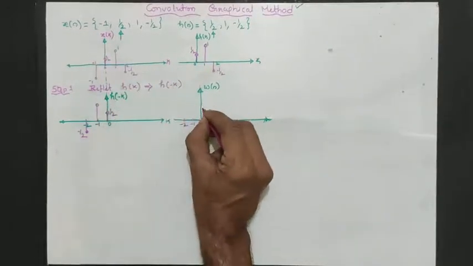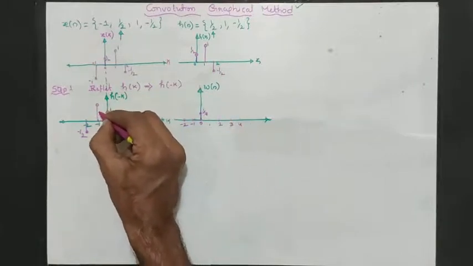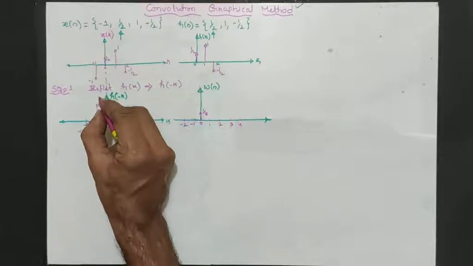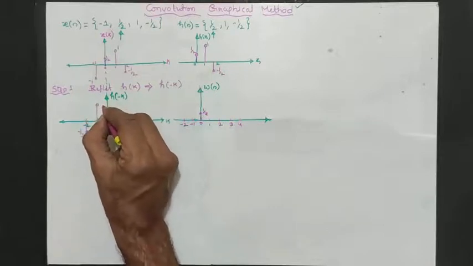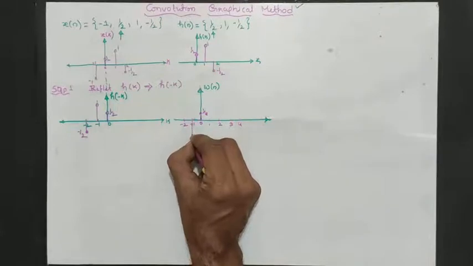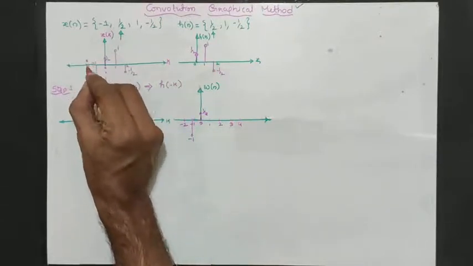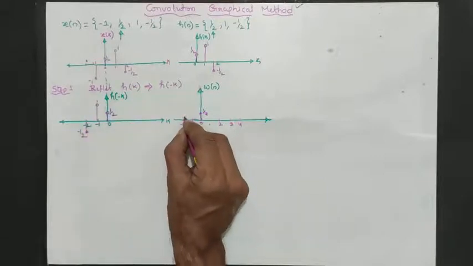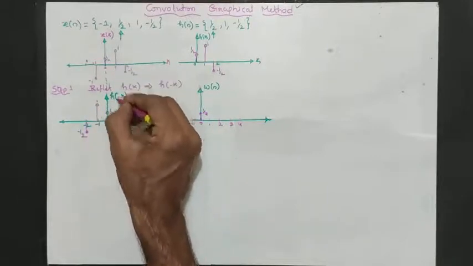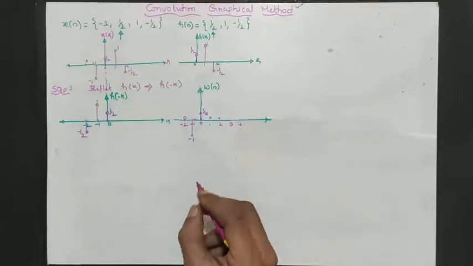Half into half, 1/4. Then -1 into 1, giving you -1. Then everywhere else it is 0 into 0, 0, and there won't be any signal.